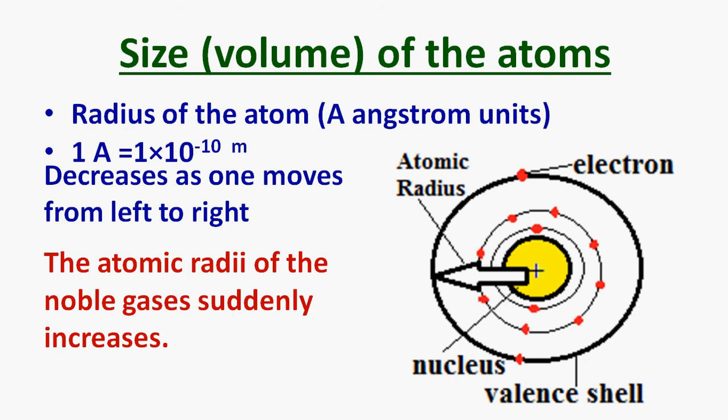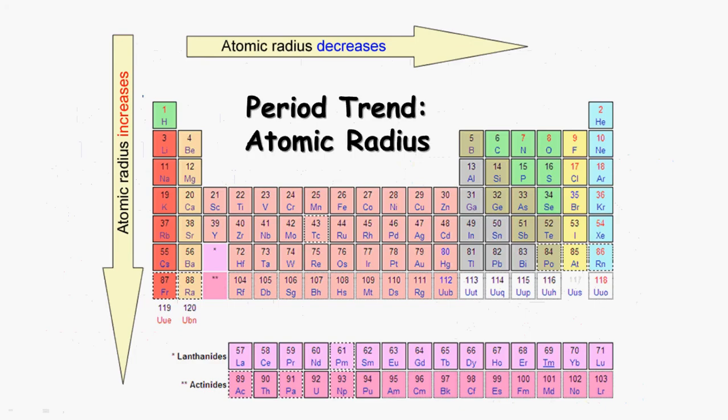So this is very important, the reason you should know, and you should know how to explain this. Okay, you can see this diagram here. Atomic radius is decreasing as we move from left to right, but for the noble gases it does not decrease, it suddenly increases because of the structural stability.